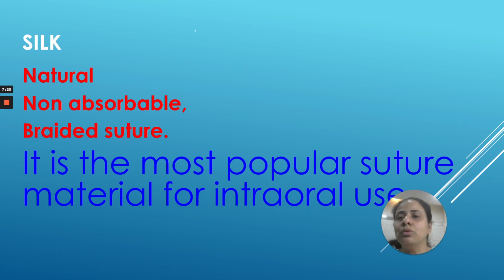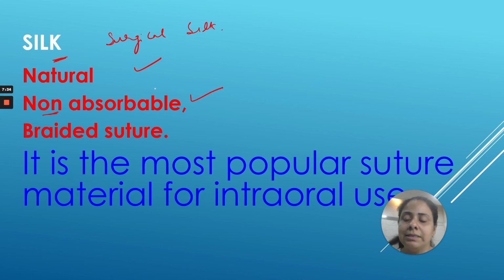Now comes the most commonly used suture in the oral cavity, which is surgical silk. It is natural, and it is non-absorbable. It is a braided suture, which means something like this. This is how the braiding is. It is a multifilament suture.